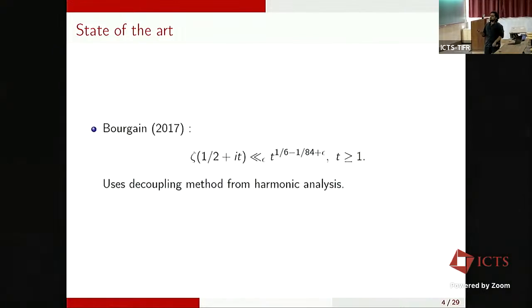The best bound we know for the zeta function is this bound by Bourgain. He was able to get the exponent to 1/6 minus 1/84, and he uses the famous decoupling method coming from harmonic analysis. So that's the best we know for zeta.